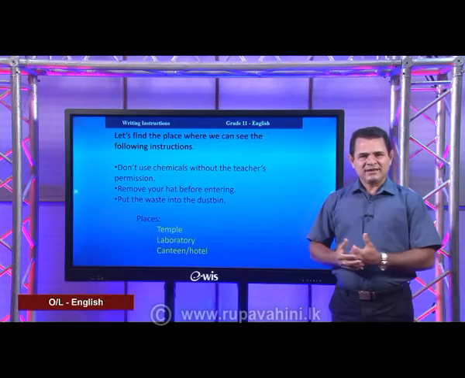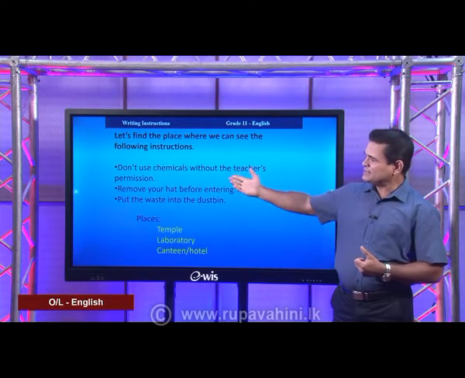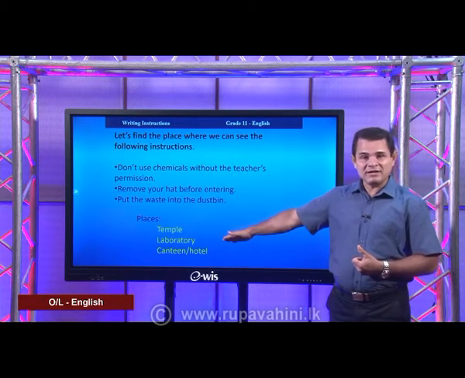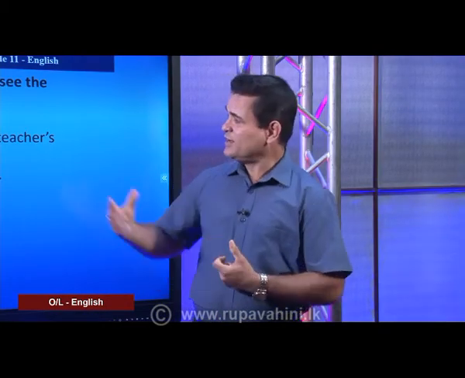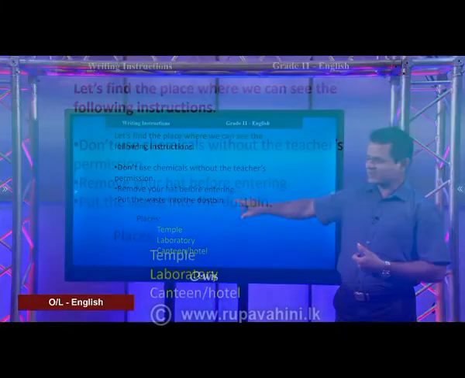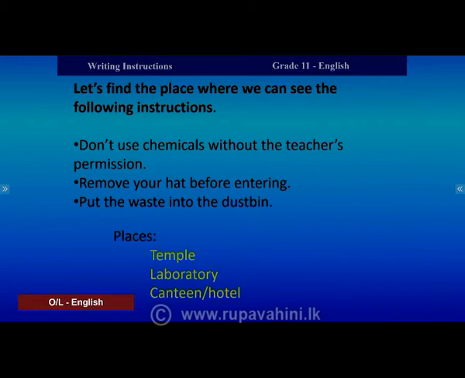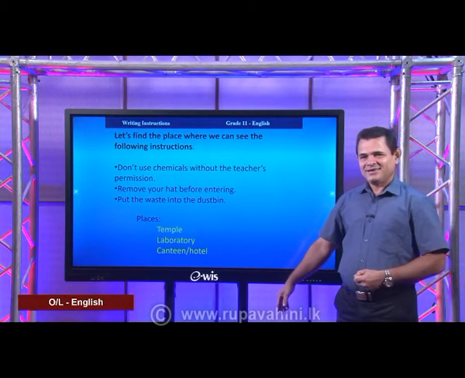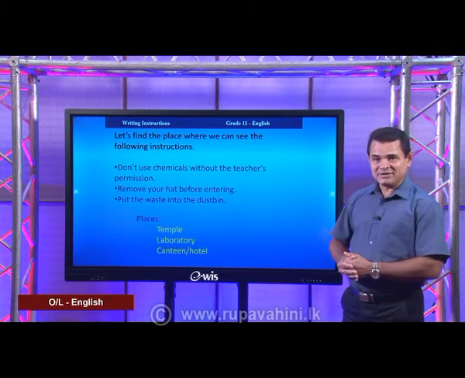So now when you read these kind of things, the words in that instruction will help you easily to catch the right place. So then you should be tactful. You know your vocabulary, your words, right? So then those words will definitely help. Now can you match these things with these instructions? Where can you see them in these places? Just try. I don't think that it is that much difficult.